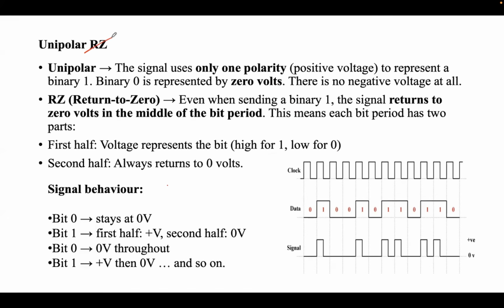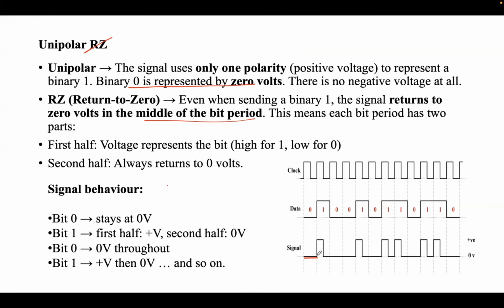Second method is unipolar RZ, where there will again be the same positive voltage for 1 and 0 for binary value 0. But here it is return to 0, so you will find return to 0 voltage in the middle of the bit period. See this graph. Here when we get 0, the value remains 0 only. Whereas for 1, you can find 2 halves.